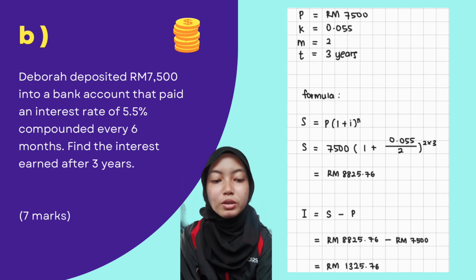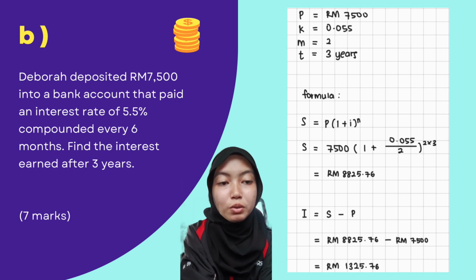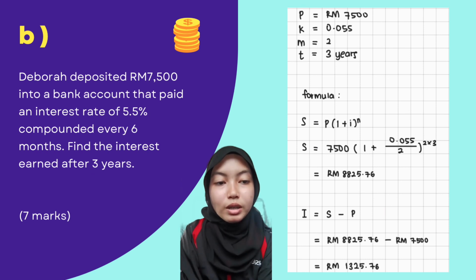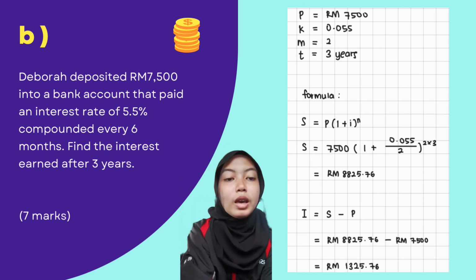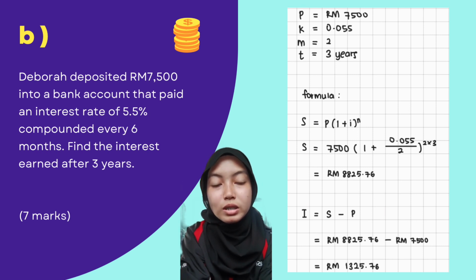S is the maturity value. We need to use the formula given to find the maturity value, and you will get 8,825 ringgit 76 cents.